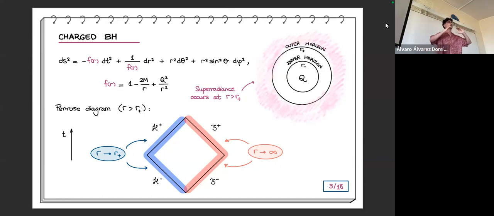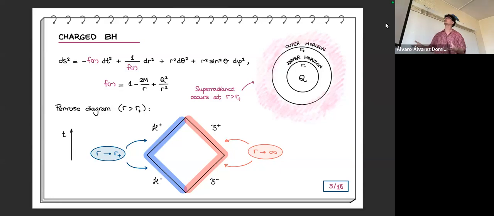So basically we are going to be interested only in that part of the Penrose diagram that I draw here, only for r larger than r plus. This is the Penrose diagram corresponding to the outer region.